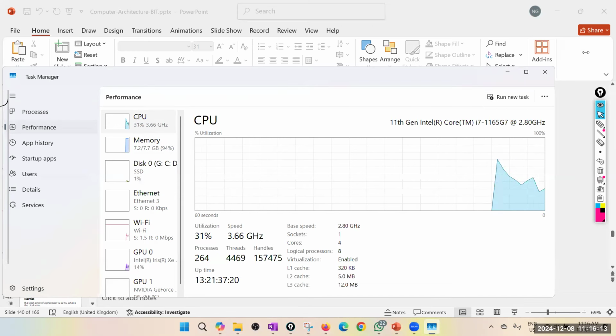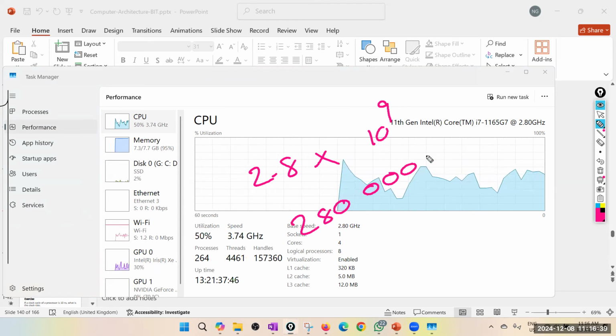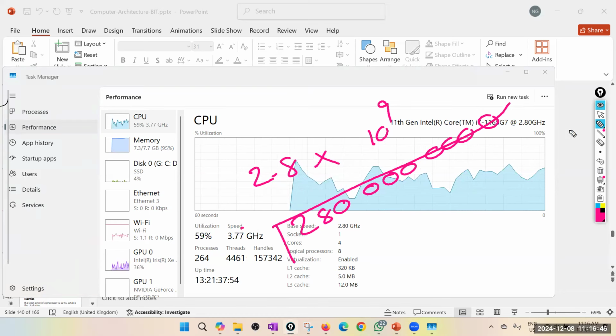So that is 2.8 into 10 to the power 9. This is not binary bytes, this is like kilogram, kilometers, gigahertz. So kilo means 10 to the power 3, mega means 10 to the power 6, giga means 10 to the power 9, 3, 6, 9. So it has 2, 8, and 8 zeros. 1, 2, 3, 4, 5, 6, 7, 8.